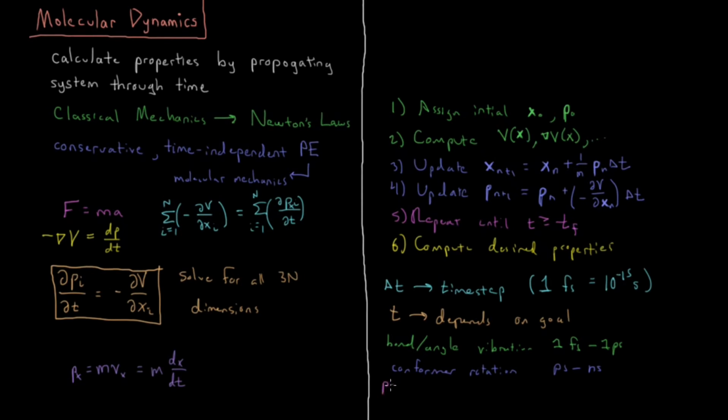Something like a peptide folding, or some kind of bulk diffusion, some type of slower event like that. That could be anywhere from, say, a nanosecond to a microsecond, 10 to the minus 9th to 10 to the minus 6th. And then larger scale macroscopic results, things like protein folding and other large biological processes.